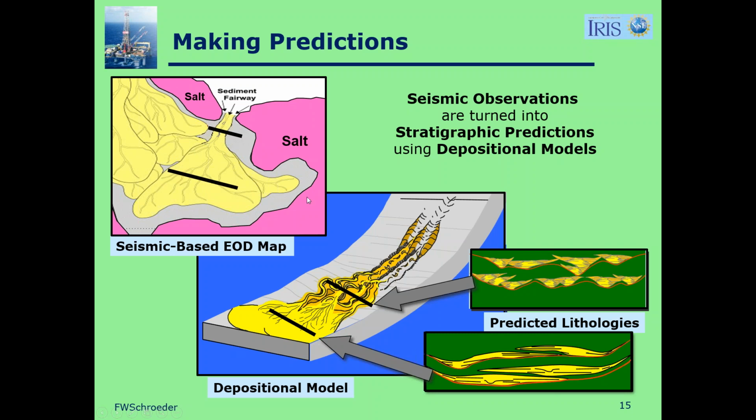And so if we were to see something like this, we would use a depositional model such as this one. If we're in the upper parts where it's a little bit more confined, we might think we're in the upper part of this conceptual model. And in this conceptual model, if I drew a cross section here, you can see how the sands are distributed. The better reservoir quality are the yellow sands.